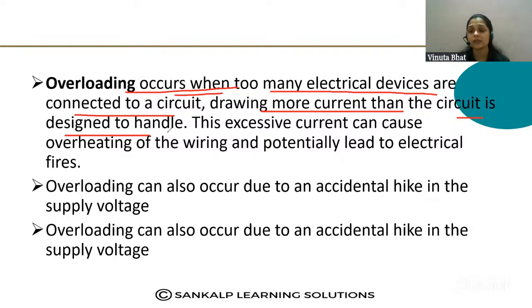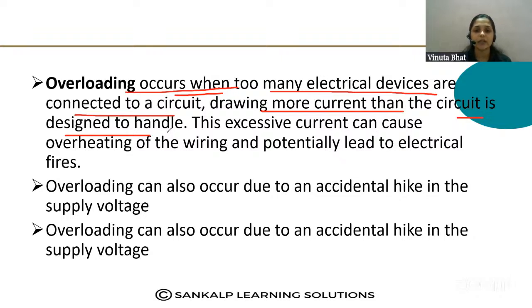When many devices are connected in a single circuit, the circuit is not able to handle that much current. This excessive current can cause overloading of the wiring and potentially lead to electrical fires.